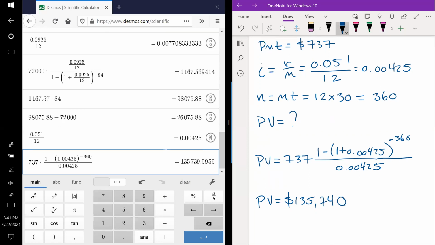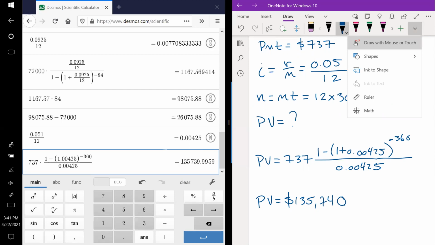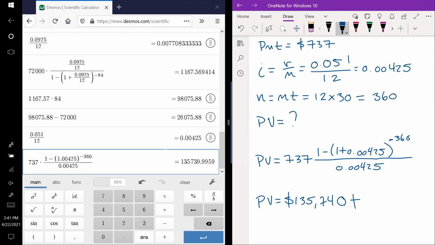What we want to know in this problem is what was the selling price of the house? What was the original price? So what we're going to do here is just add that down payment of $35,118.